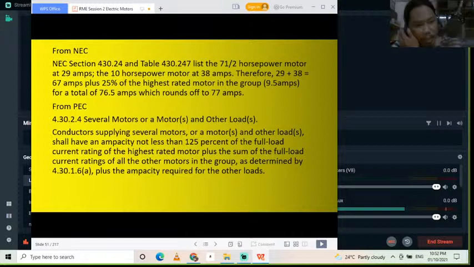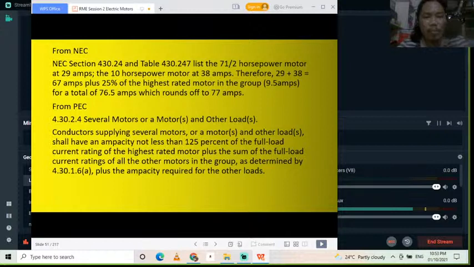Pagdating naman sa Philippine Electrical Code, several motors or motors and other loads, conductors supplying several motors or a motor and other loads shall have an ampacity not less than 125% of the full load current rating of the highest rated motor plus the sum of the full load current ratings of all the other motors in the group, as determined by 4.30.1.6, plus the ampacity required for the other loads.